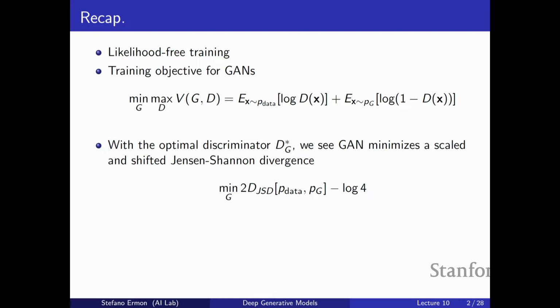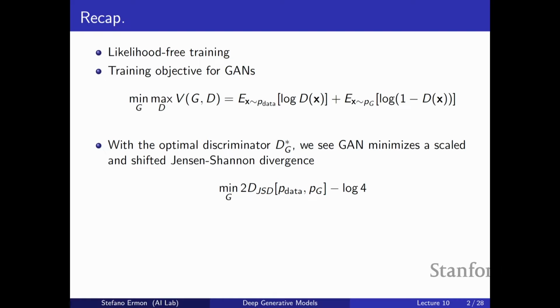That divergence has a name: it's called the Jensen-Shannon divergence. Up to scaling and shifts, assuming the discriminator is optimal, you can think of this training objective, from the perspective of the generator, as trying to minimize this Jensen-Shannon divergence between the data distribution and the model distribution.